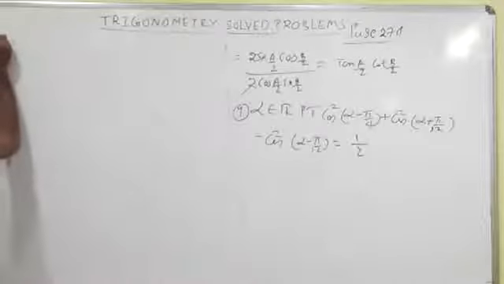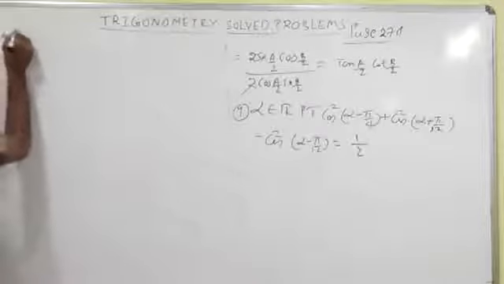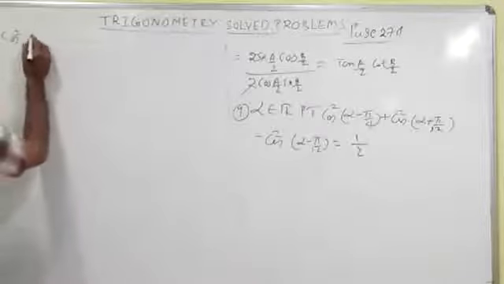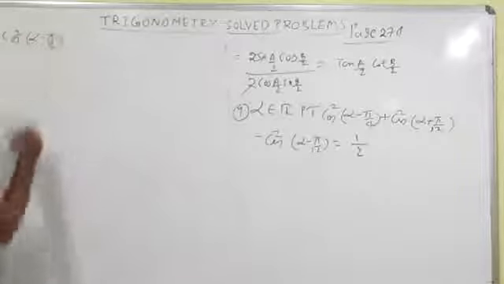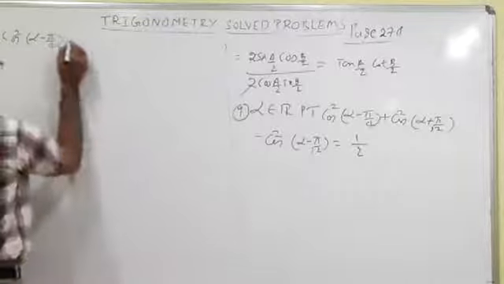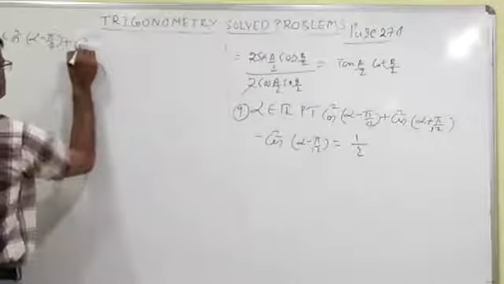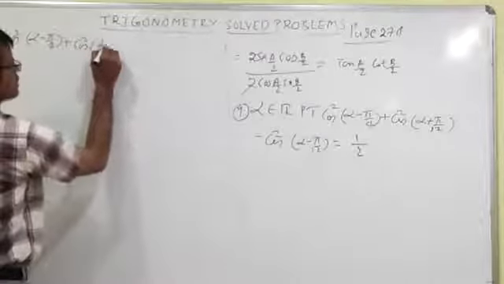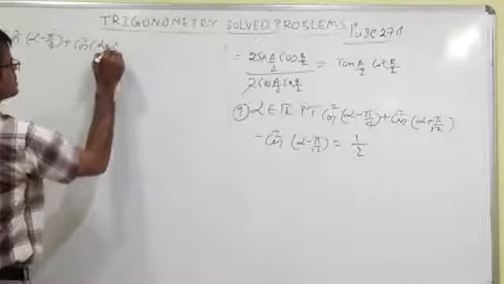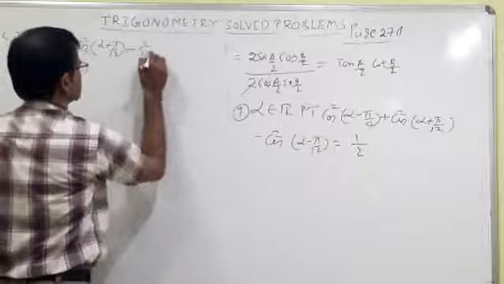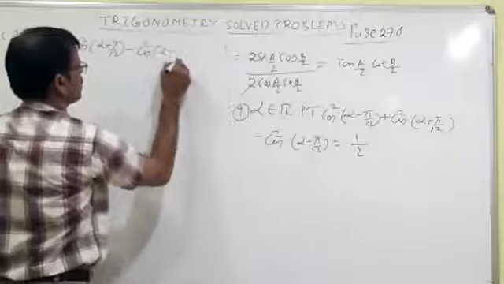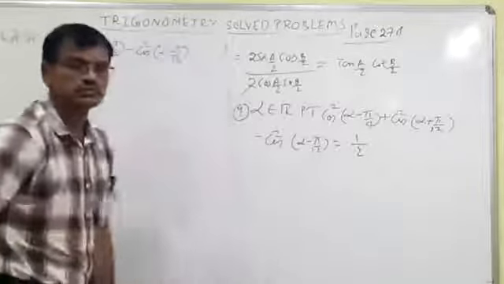Take LHS of the sum. Cos square of (alpha minus pi by 4) into cos square of (alpha plus pi by 12) minus cos square of (alpha minus pi by 12).